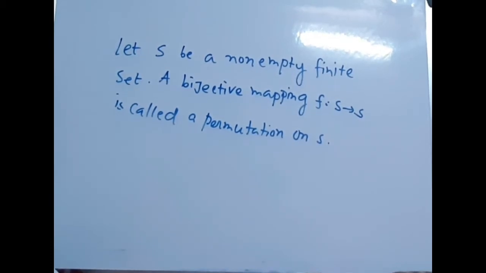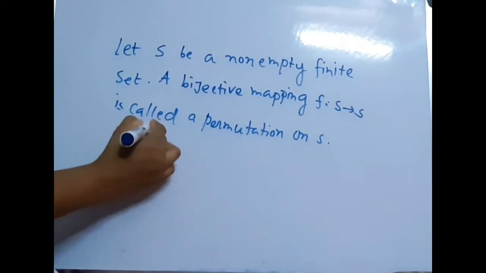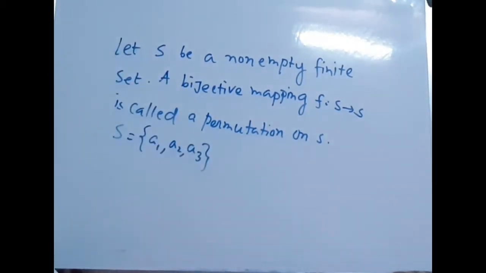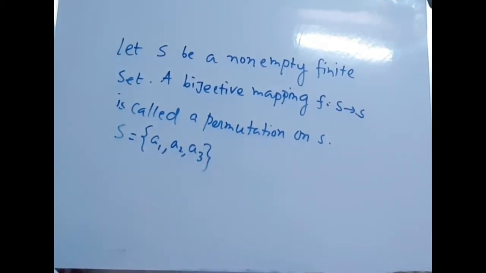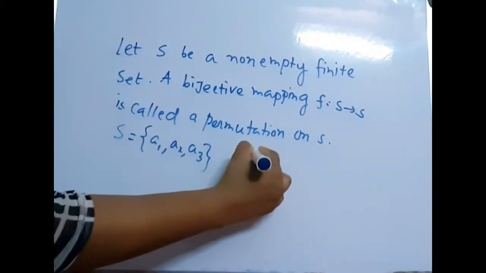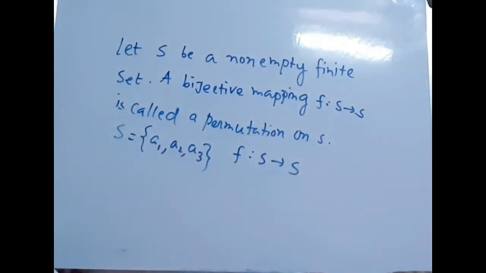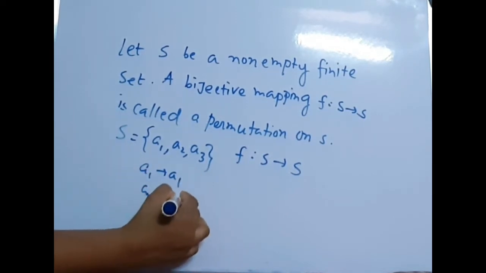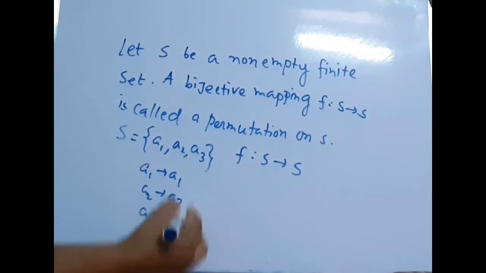So for example, if we take S equal to {a1, a2, a3}, the three elements, then consider the bijective maps f from S to S. At first, a1 goes to a1, a2 goes to a3, a3 goes to a2.